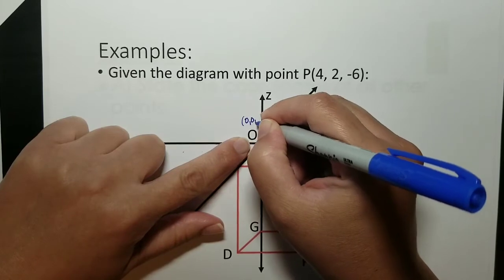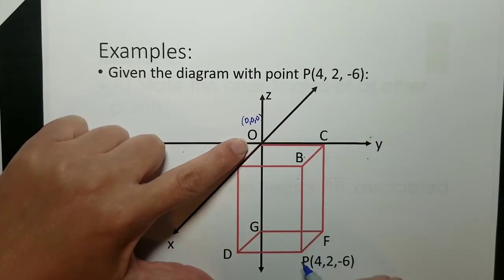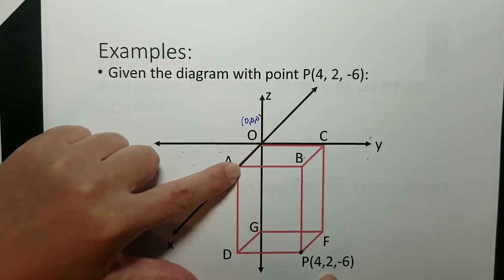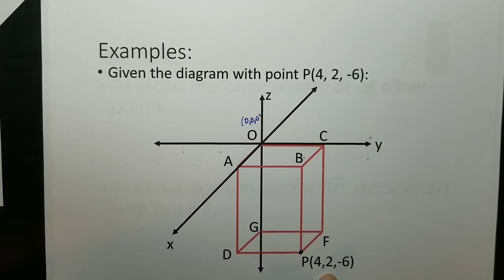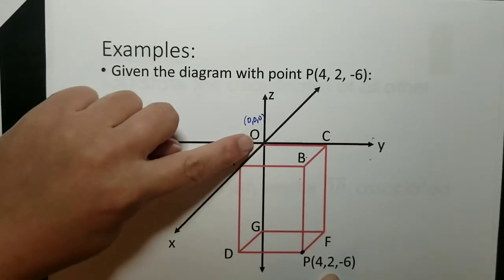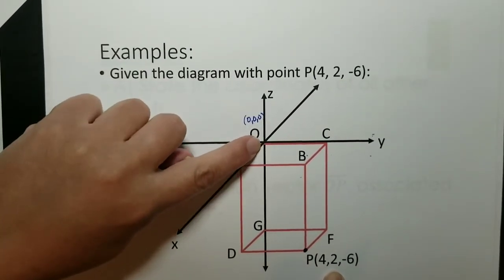We know that that's 0, 0, 0. So to get to this point P, we've gone 4 in the X, 2 in the Y, -6 in the Z. So let's try the ones that are just actually on the axis.